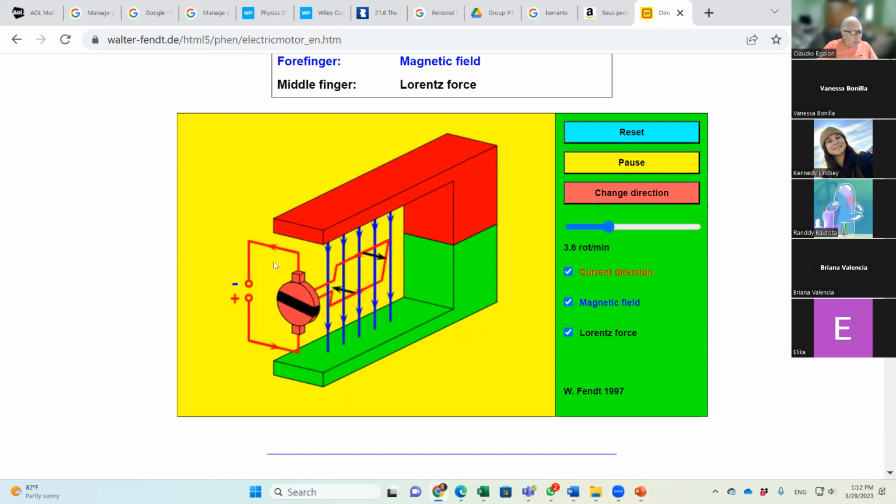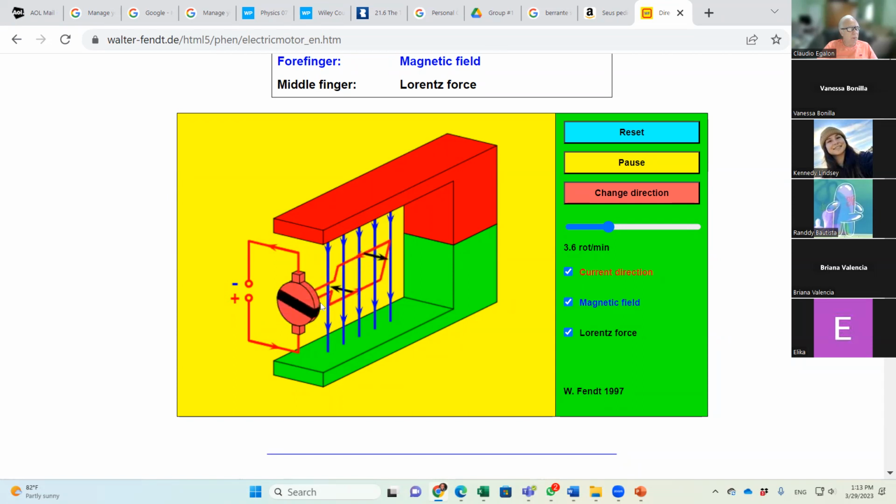So the key here in making this loop go a full circle is this device that you see here. It's called a commutator. This commutator is a device that manages to change the polarities of the loop right here at this input. The battery remains the same polarity. The trick is in this device that changes the current direction at the input of the loop.